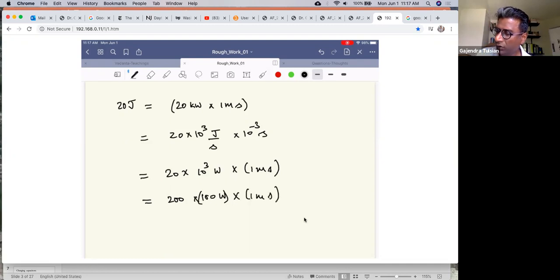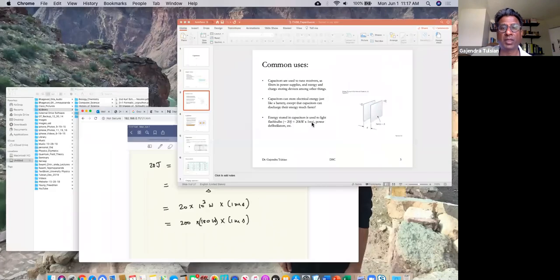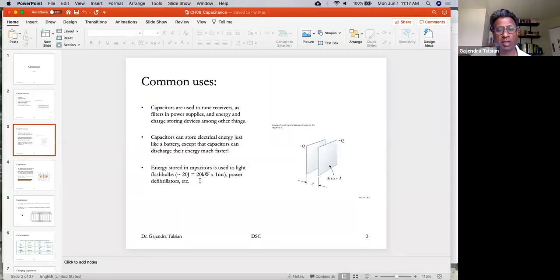So here's what you can do with 20 joules: you can light 200 100-watt bulbs for 1 millisecond. That's what a flash camera does. A flash bulb will shine like 200 100-watt bulbs for a millisecond, and then you take your picture.